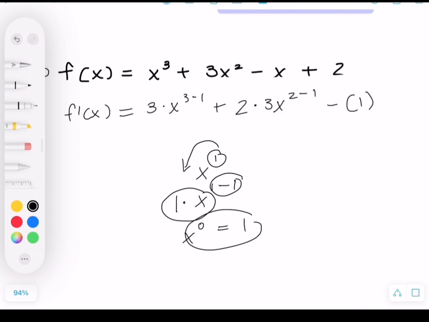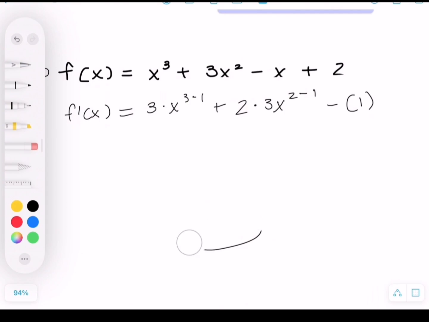That's why we replaced x with 1. So if you see any x there, that is equivalent to 1. Then you have a constant here, so according to the constant rule, any constant is equivalent to 0. So now we evaluate.